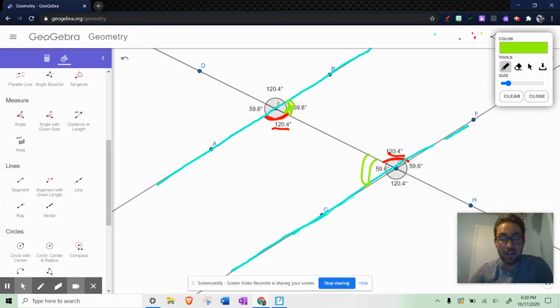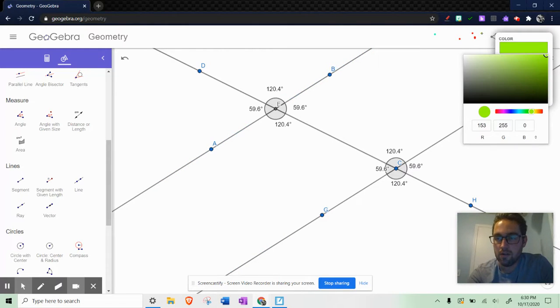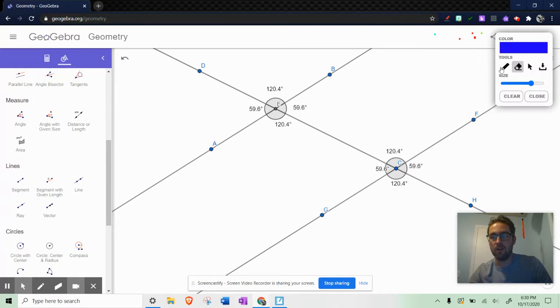Alternate interior angles are congruent.